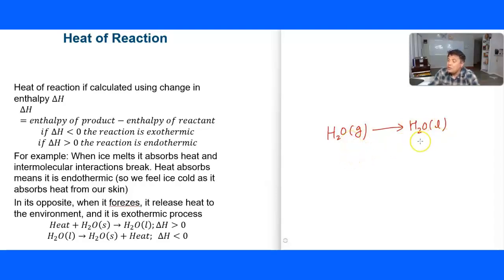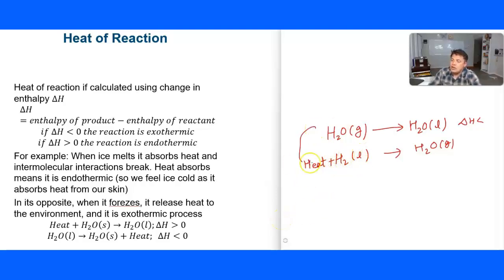Gas has more heat, liquid has less heat. It means it has to lose the heat. Gas to liquid, it has to lose the heat. That's why delta H is negative. But H2O liquid to H2O gas, you have to give the heat, right? That's why the heat will be here.